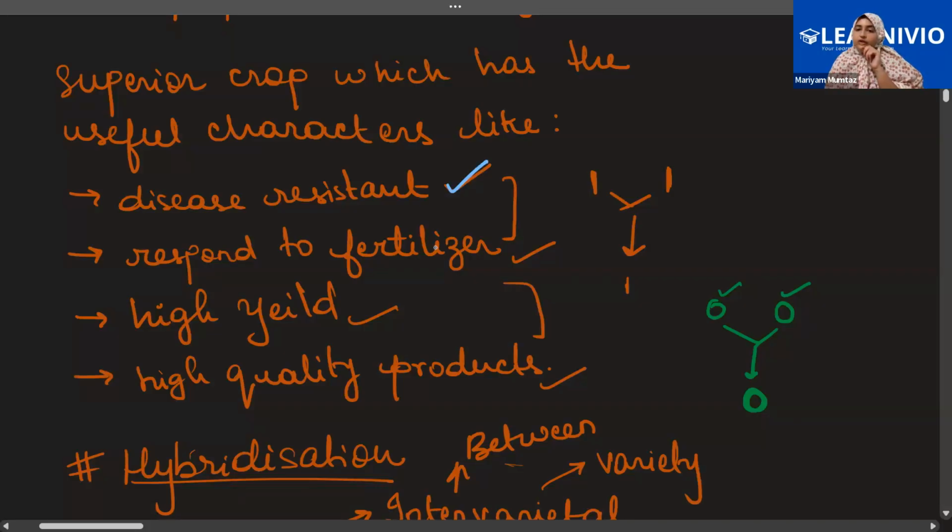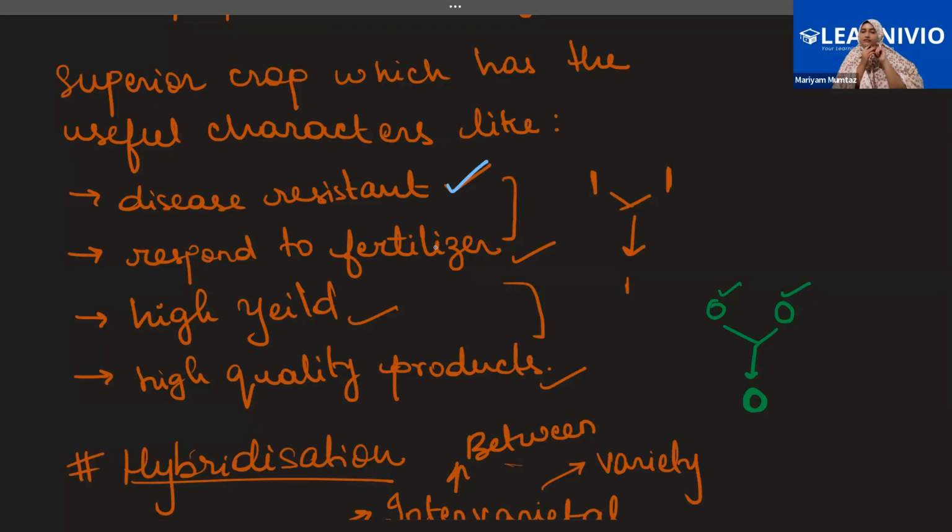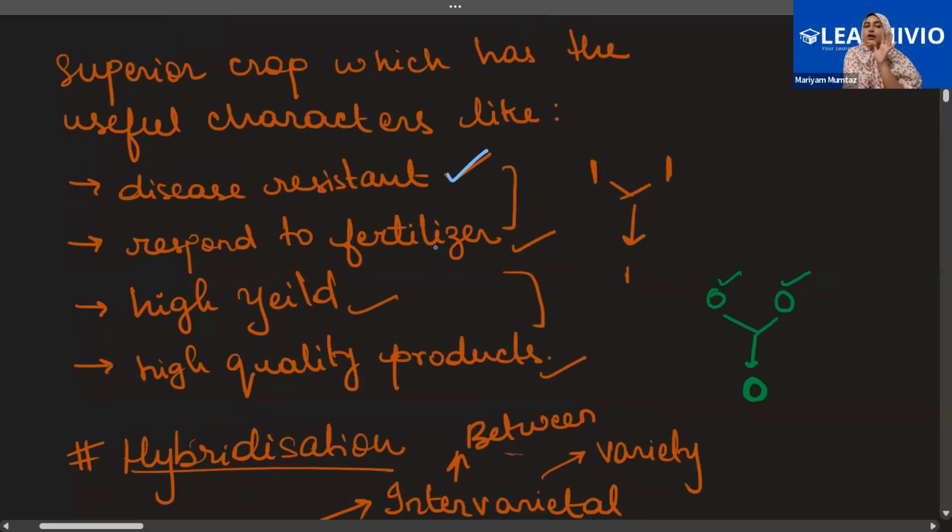Then it would respond to fertilizers, meaning if you apply fertilizers to them, it would respond. It would give a high yield, and high quality products. Whether it is pulses, fruits, vegetables, or cereals, whatever product we are getting will be of high quality. So that defines how a superior crop should be.